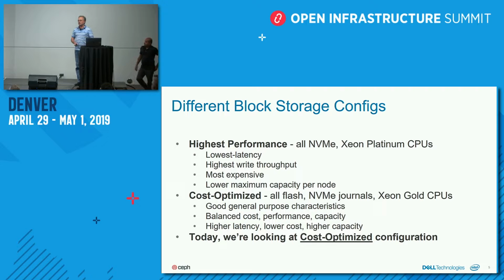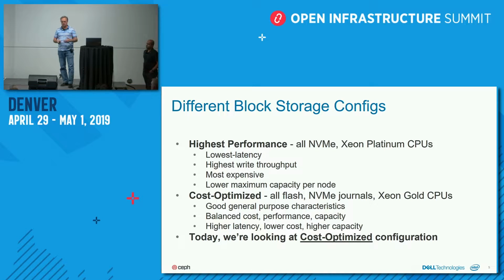One of the things that we did at Dell, as part of refreshing some of our ready architectures from the block storage perspective, is to think about what the different categories are that we want to address. How do we want to segment the architectures that we come up with? How do we want to define them? What we came up with is two. The first one is for customers who need the very top performing Ceph clusters that they can get.